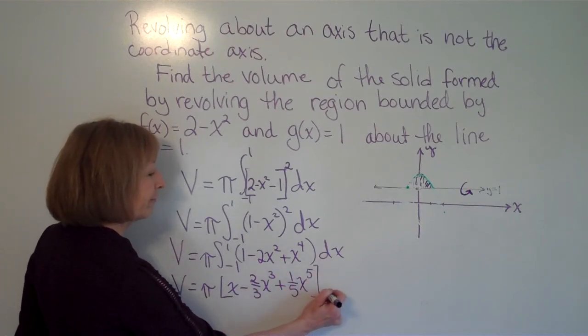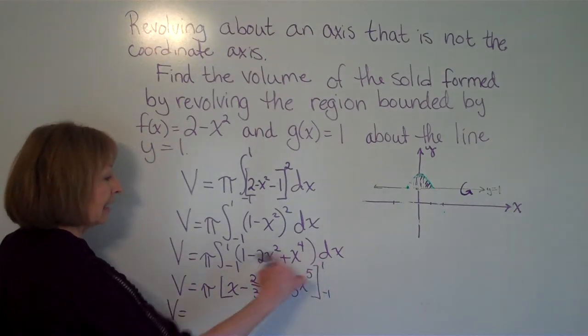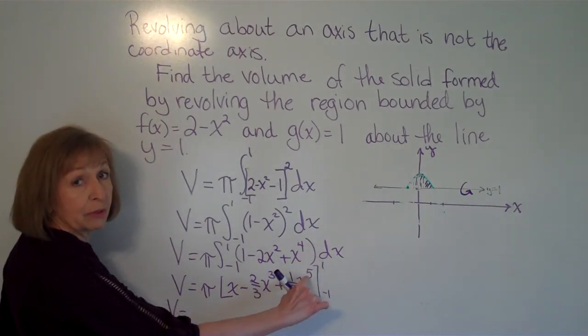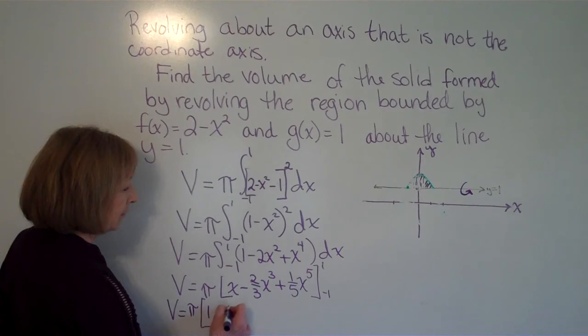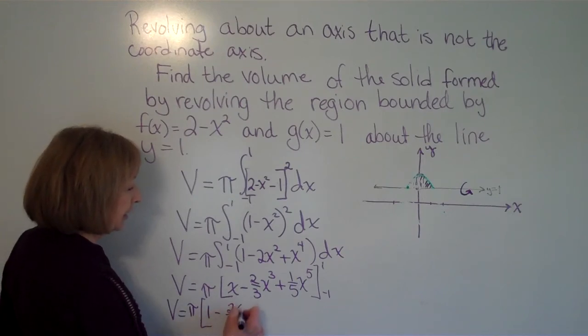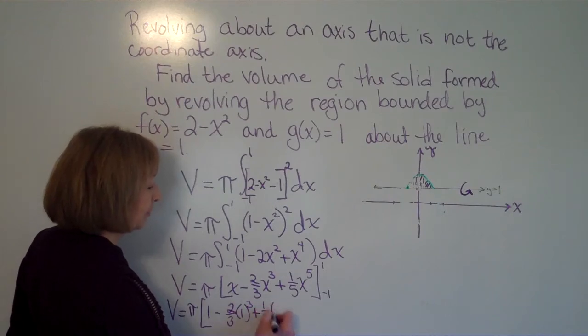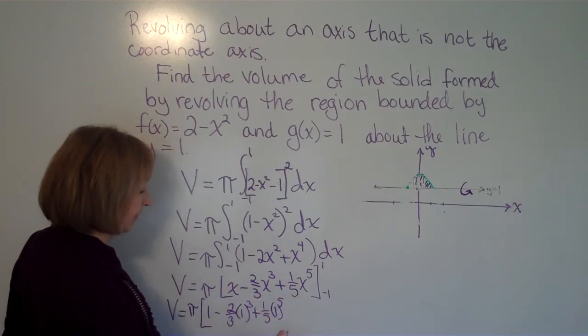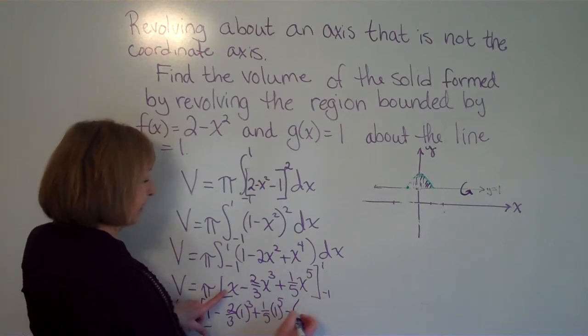And I'm evaluating that from -1 to 1. And remember to plug in the upper limit of integration, minus plug in the lower limit of integration. So it's pi times 1 minus 2/3 times 1 cubed plus 1/5 times 1 to the power 5, and then minus, in parentheses, plug in the -1.